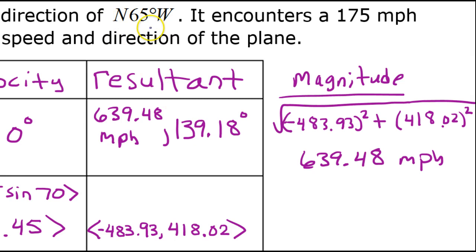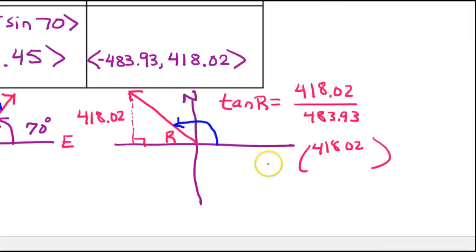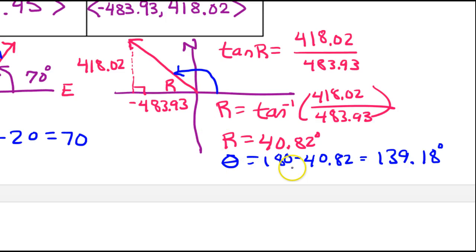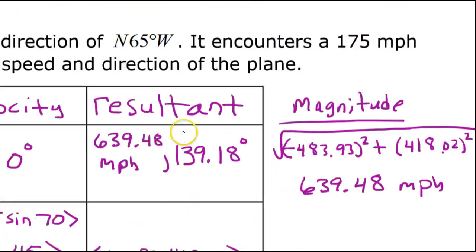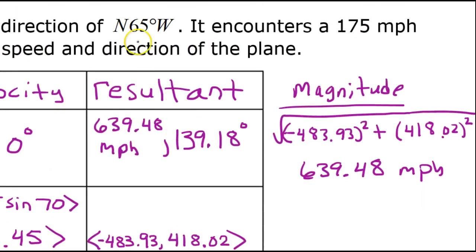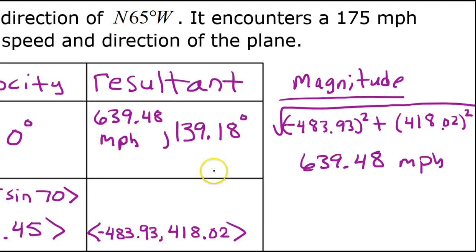They did not give us the direction as an angle measured from the positive x-axis, like the way we're doing. Instead, they use this other method where they start with north and then they tell us how many degrees east or west it is from there. So we have to record our final answer using that type of direction.